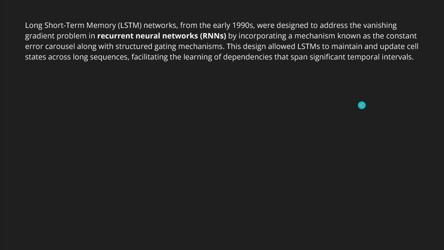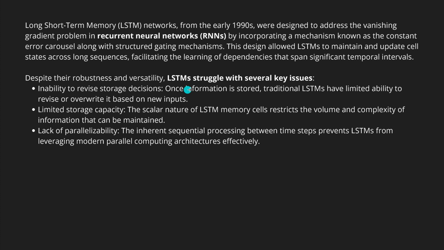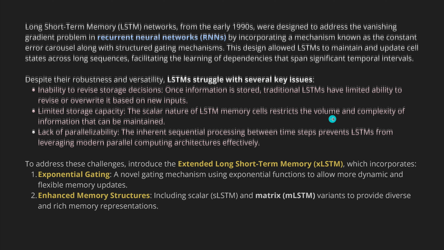Now, as I told you, LSTM improved on our recurrent neural networks, but LSTM struggled with three important issues: inability to revise the storage decision, a limited storage capacity, and we could not parallelize it on our computer infrastructure.